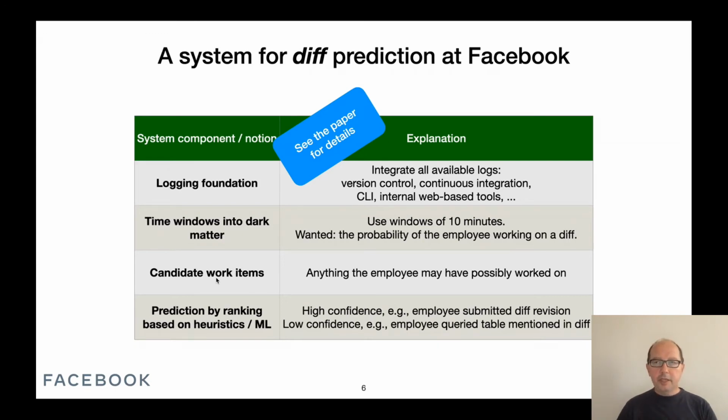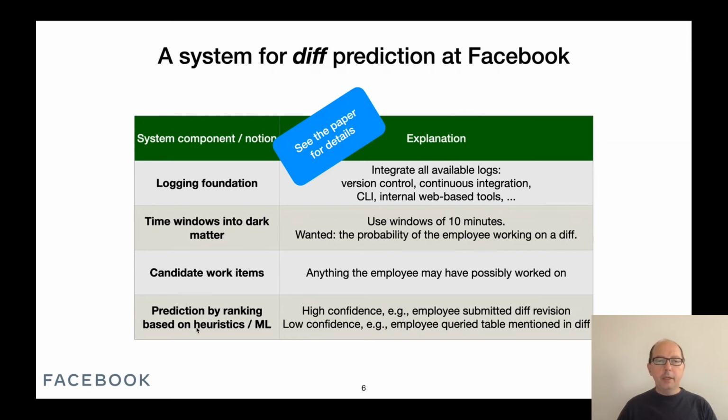For this, we take these high confidence events, such as someone publishing a diff or reviewing a diff, and we aggregate them over several days before and after the day of prediction. And so these are then all the candidates that we need to probabilistically rank.